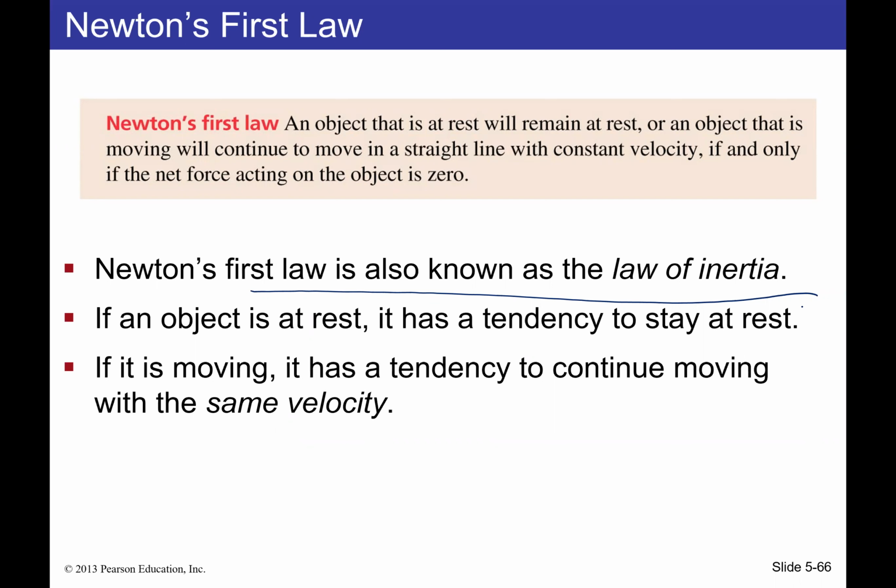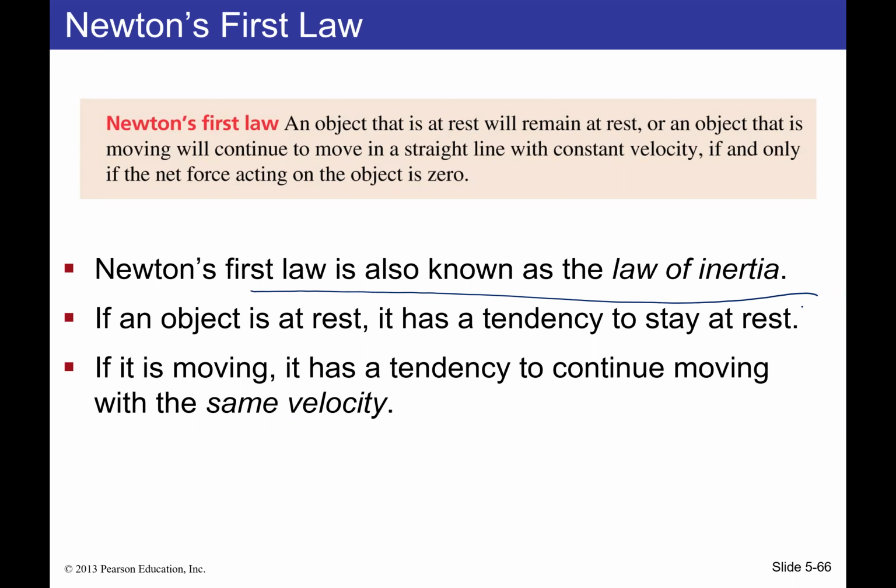Why? Because your body was at rest, and it wants to stay at rest. You have to actually push it with your car. And then when your body finally gets used to moving, imagine you're moving in your car and then you hit the brake. Well, your body doesn't have a brake. Your body wants to continue moving forward.